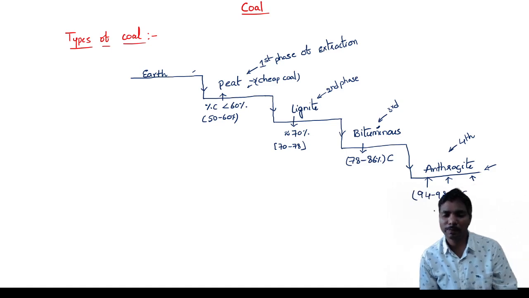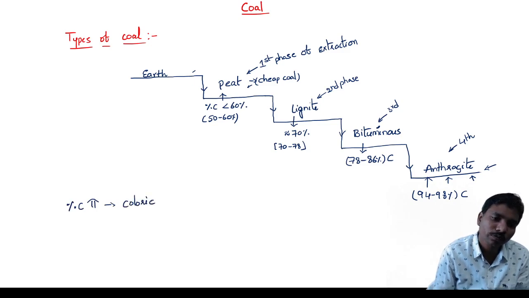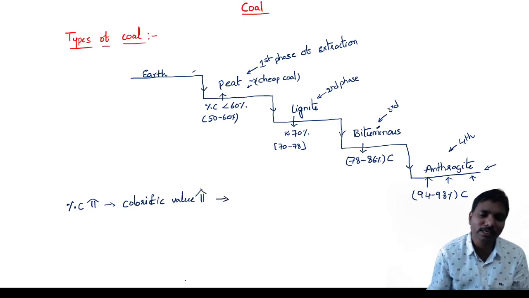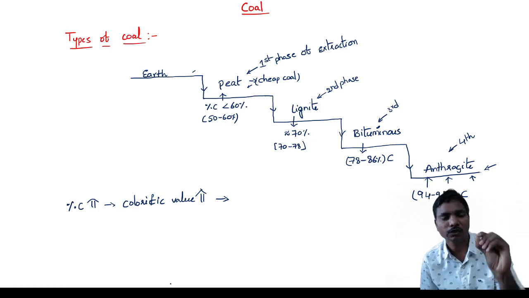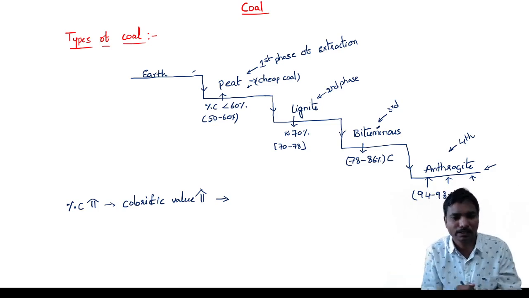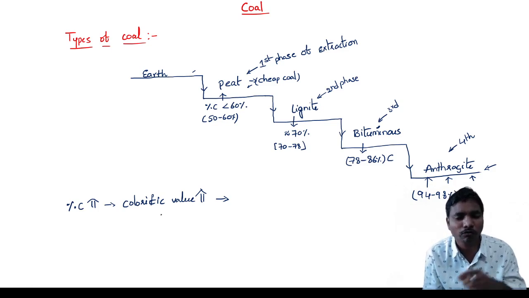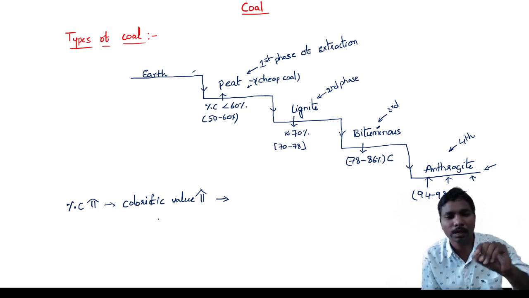So anthracite has the highest carbon percentage. Whenever the carbon percentage is more, its calorific value is more. If a small amount of fuel gives a high flame and higher heat, its calorific value is very high. Calorific value is the value for 1 gram of fuel: how much heat energy is released when you take 1 gram of fuel.